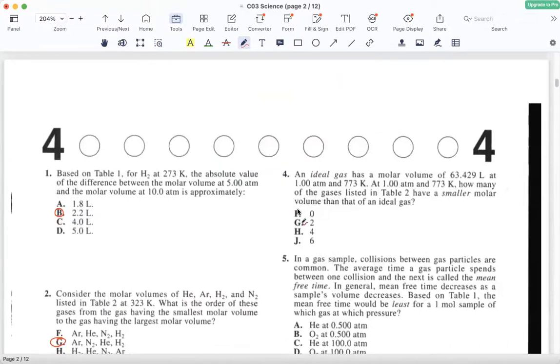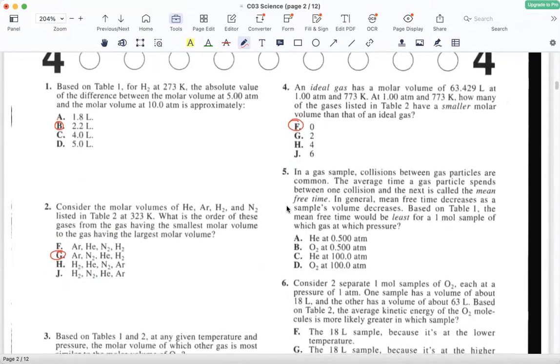In a gas sample, collisions between gas particles are common. The average time a gas particle spends between one collision and the next is called the mean free time. In general, mean free time decreases as a sample's volume decreases. Based on table 1, the mean free time would be the least for 1 mole sample of which gas at which pressure?